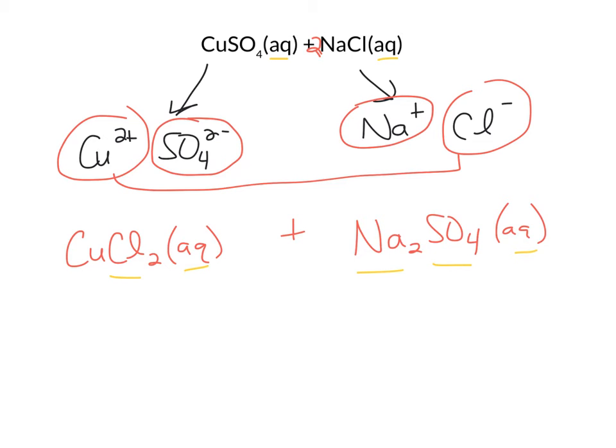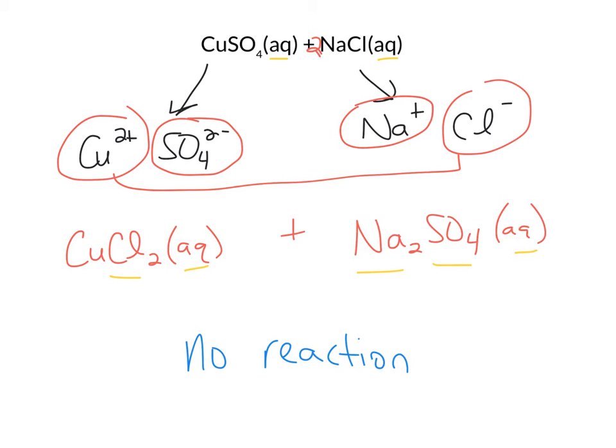And so we usually wouldn't even write that overall reaction. We would instead just say that it is no reaction, because in reality, we didn't form a precipitate here. We didn't form a precipitate, and we didn't form anything else that would pull out of solution, nothing that would separate itself in some way.